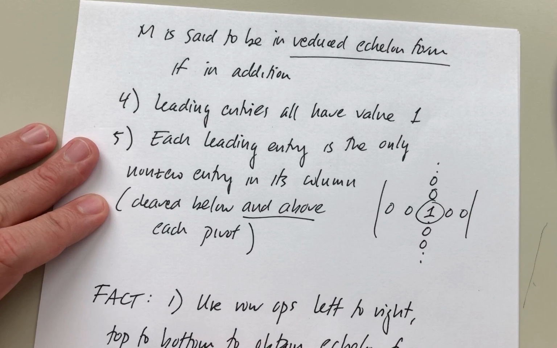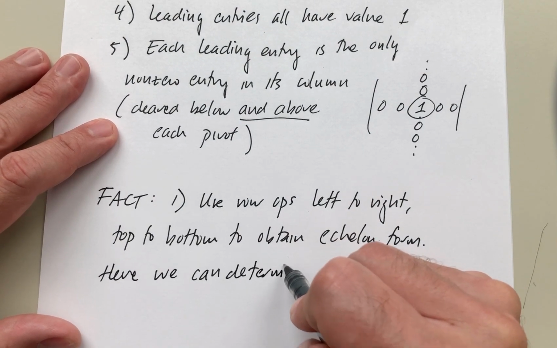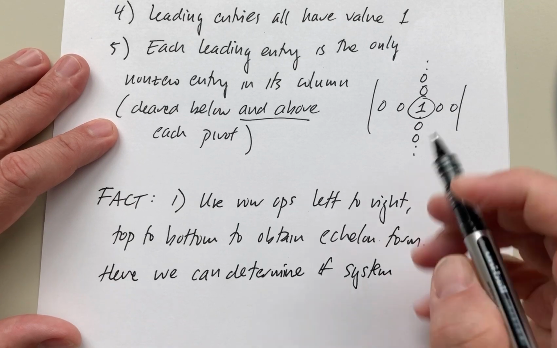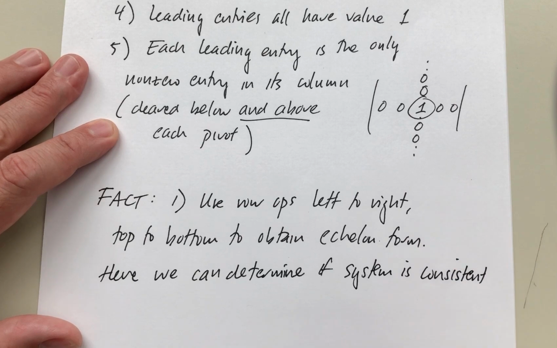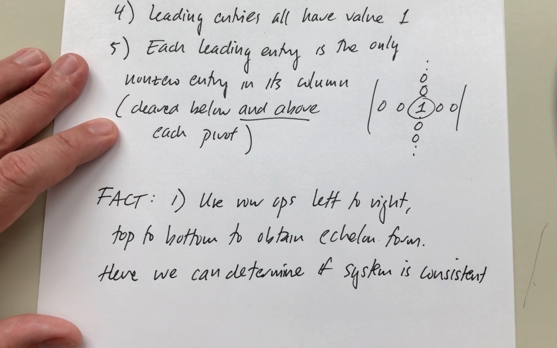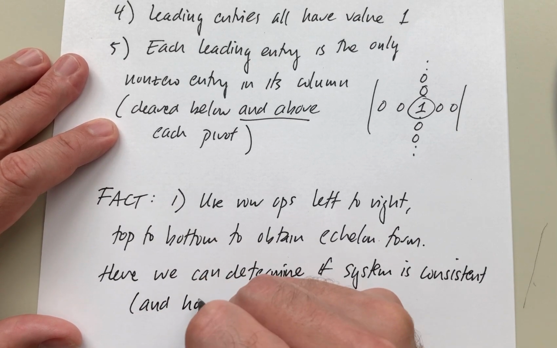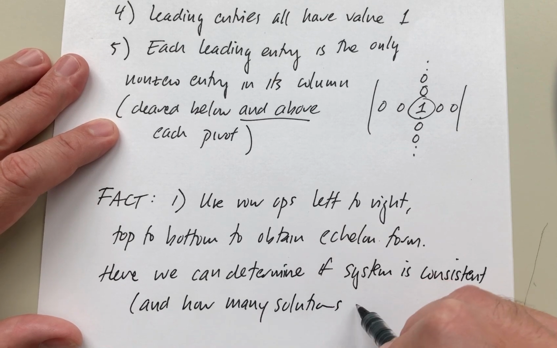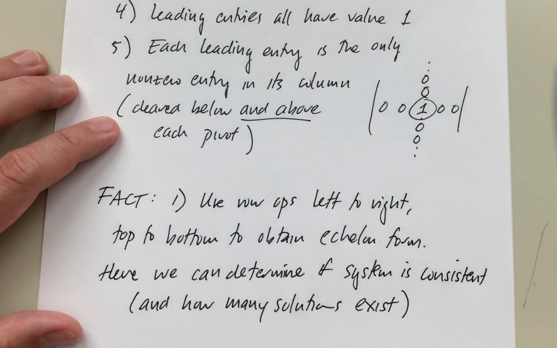And here we can determine if the system is consistent. Remember we saw last time that we're consistent as long as we don't have that row of zeros with something non-zero at the end. And in fact, we can tell how many solutions exist. So echelon form is enough to answer those first two questions we've been talking about.